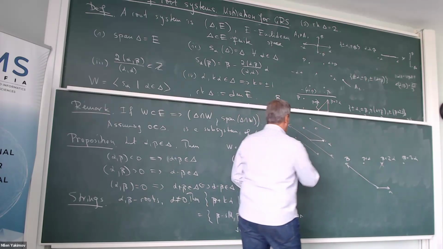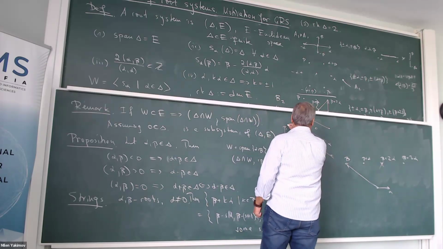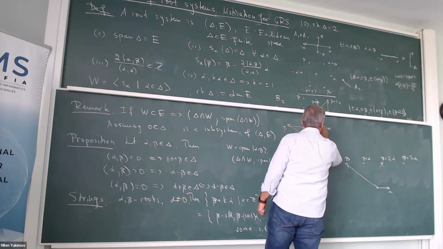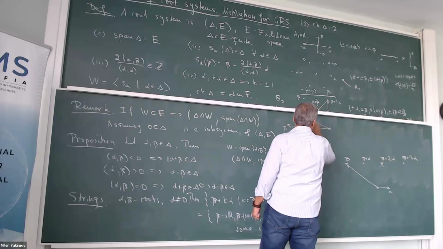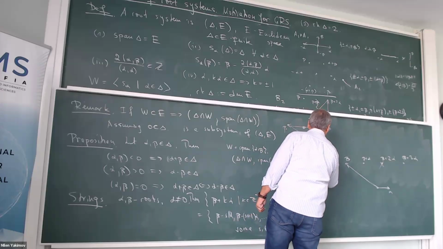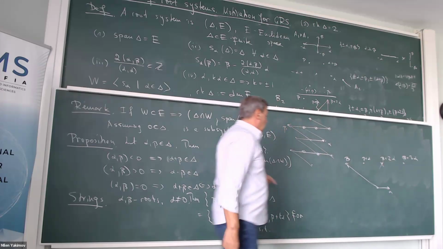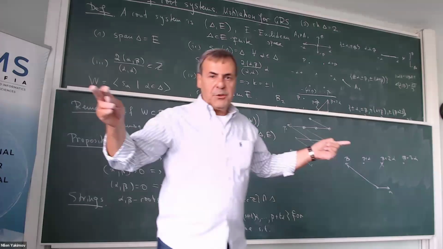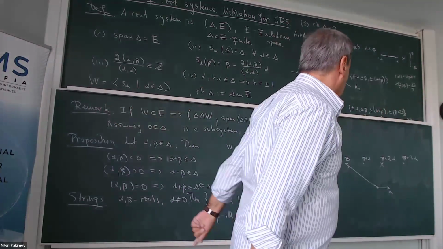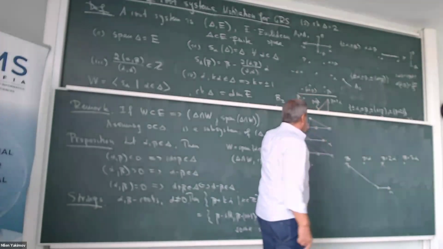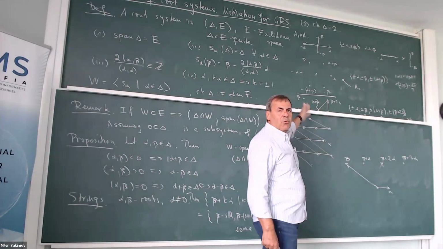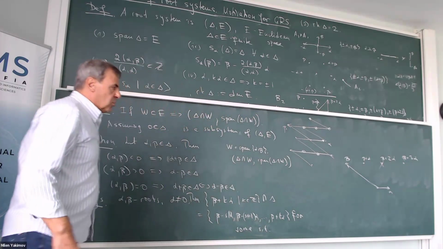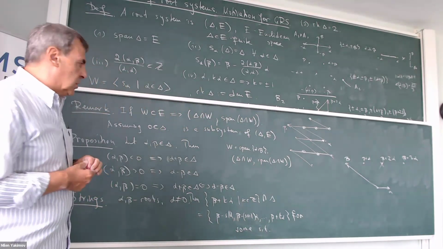And alpha strings are minus alpha, 0, alpha, then I have an alpha string of length 4, and then I have an alpha string of length 2. So actually, looking at the picture, I can say more. The alpha strings through beta are at most of length 4, and I can say exactly when they are of length 4. So statements like this are just statements about rank 2 systems.